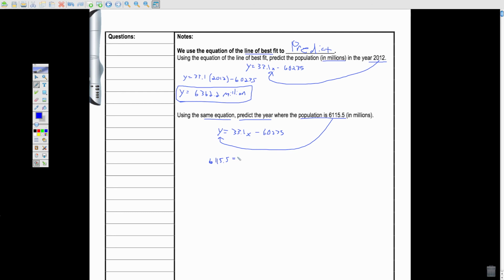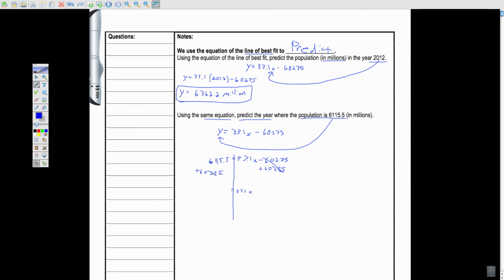So I got 6,115.5 equals 33.1x minus 60,235. Now again, you can use your calculator. You need to add 60,235 to both sides. These cancel. There's your equal signs.